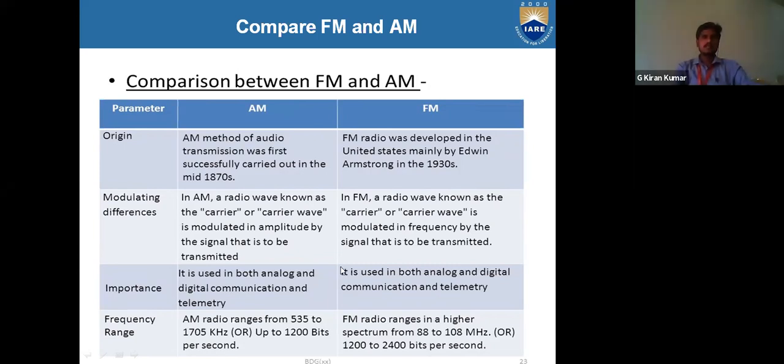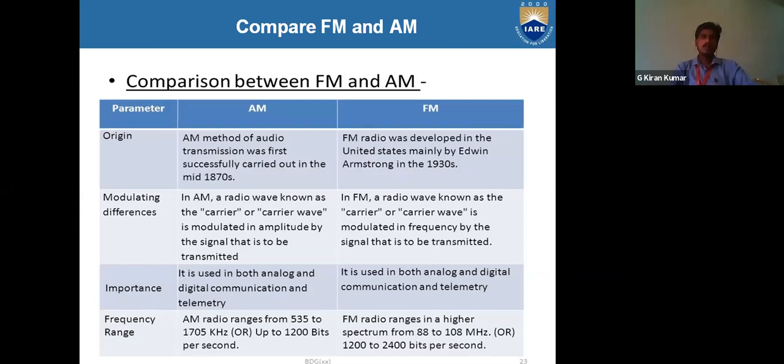Now coming to the frequency range, AM radio ranges from 555 to 1705 kilohertz, or up to 1200 bits per second. But in FM, the radio range is higher in the spectrum, from 88 to 108 megahertz.